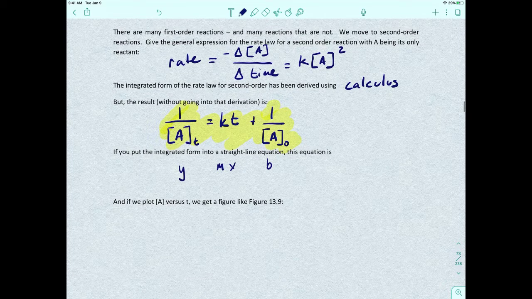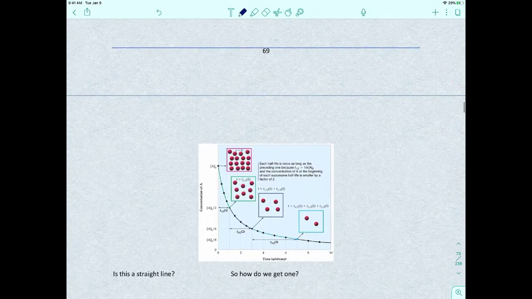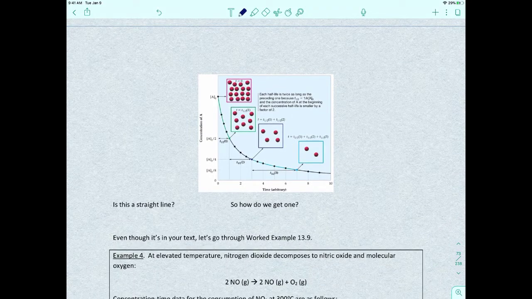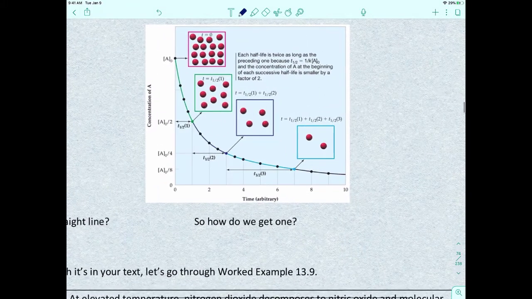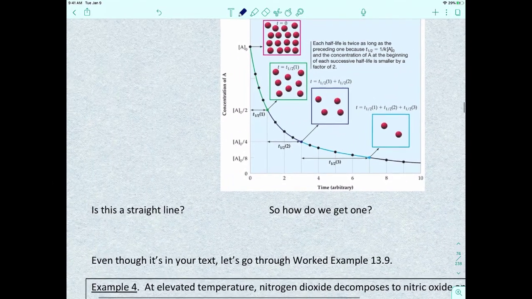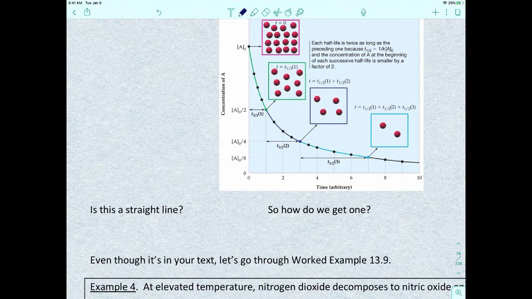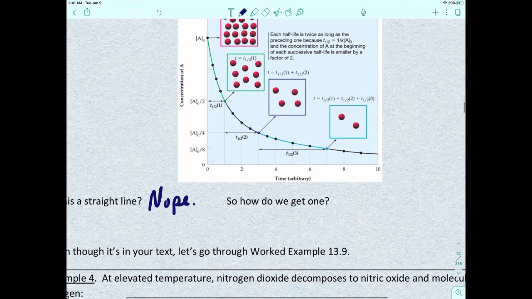If we plot the concentration of A versus t, we get a figure that looks something like this. This is pretty much the same picture I showed you previously when we talked about half-lives. Is this a straight line? Nope, sure isn't. Look at that, that is an exponential decay curve.